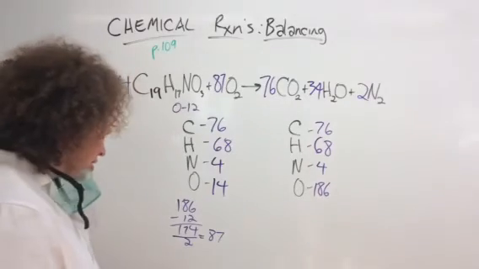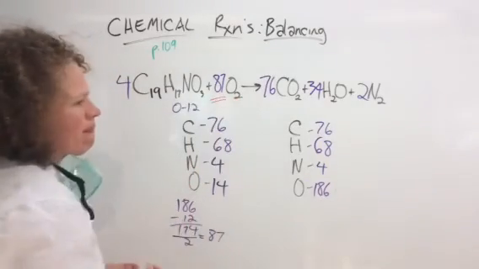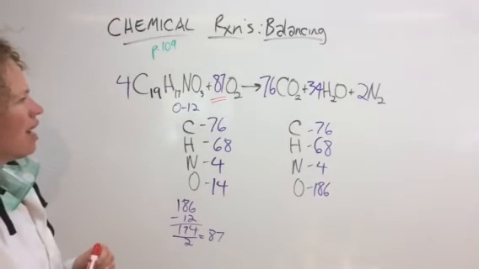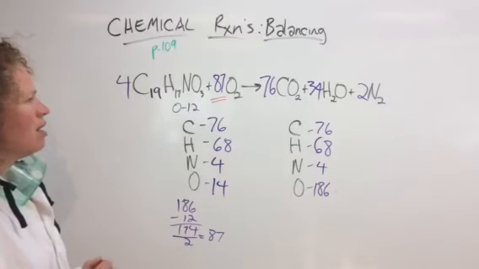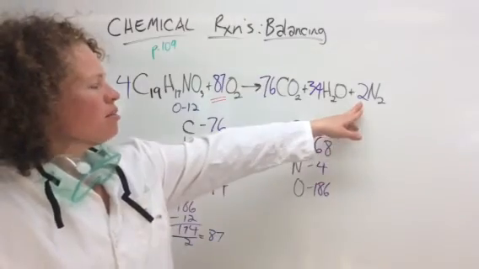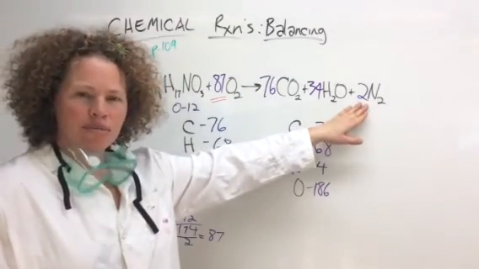However, in this situation, I have an 87. 87 is a bad number. It doesn't have a lot of factors, and it is not an even number. So this is my smallest number. I could only ever reduce this entire thing by the smallest number, right?